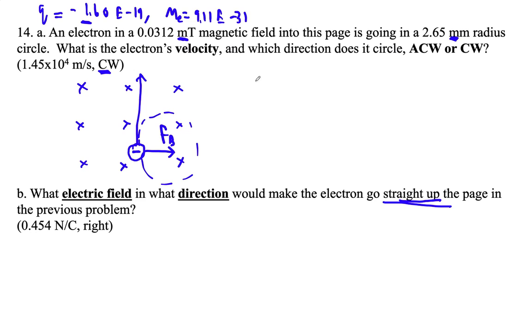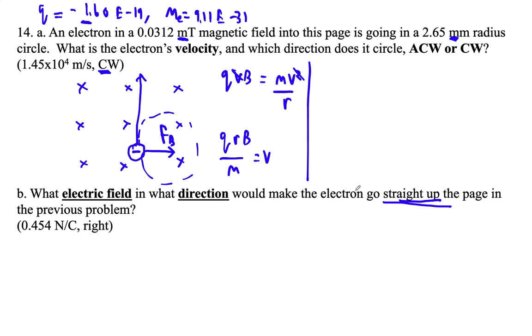Now to figure out what the velocity is, we're going to set qvB equal to mv squared over r. Let's solve this for v. One of these v's cancels, so I think it's qrB over m is v.